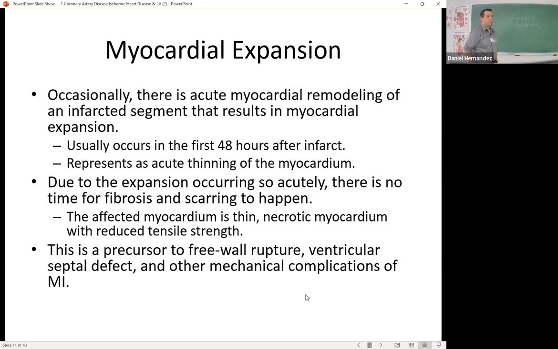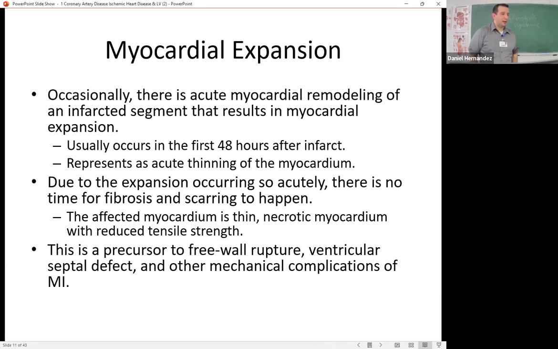We can have a condition called myocardial expansion. So occasionally there's acute myocardial remodeling of an infarcted segment that results in myocardial expansion. This myocardial expansion will usually occur within the first 48 hours after infarct.